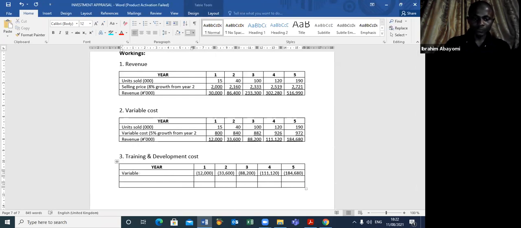Now, out of this, percentage of training and development, T and D. Percentage of T and D is 120% in the first year, 40% in the second year, and 10% in the remaining years.